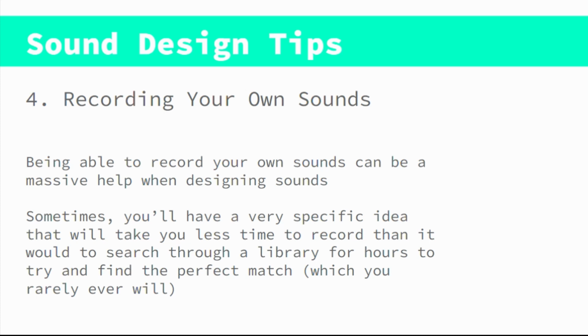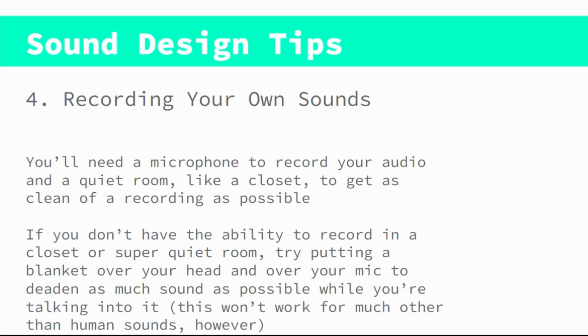So if you do want to record your own stuff, there's a few things that you're going to need. First, you'll need a microphone. XLR-based mics are best, but if you only have a USB mic, that's also okay. Just work with what you have. You'll also want to make sure you have a super quiet room. If your room is super echoey, my recommendation is to try recording in a closet if you can, and that way you can use clothes, blankets, pillows, etc. to dampen the sound and make that space as dead as possible.